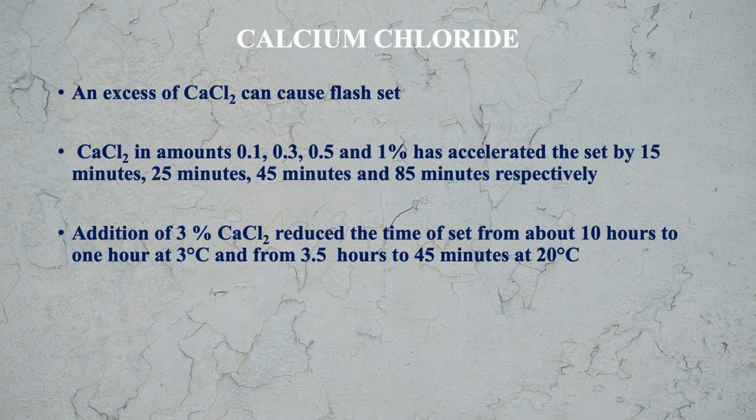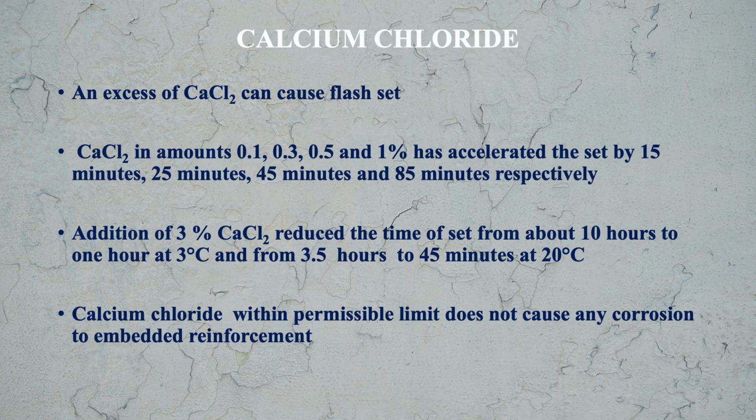Addition of 3% of calcium chloride reduces the time of set from about 10 hours to 1 hour at 3 degrees centigrade, and from 3.5 hours to 45 minutes at 20 degrees centigrade. So this is the effect of the amount of calcium chloride on the setting of concrete. Calcium chloride within permissible limit does not cause any corrosion to embedded reinforcement.